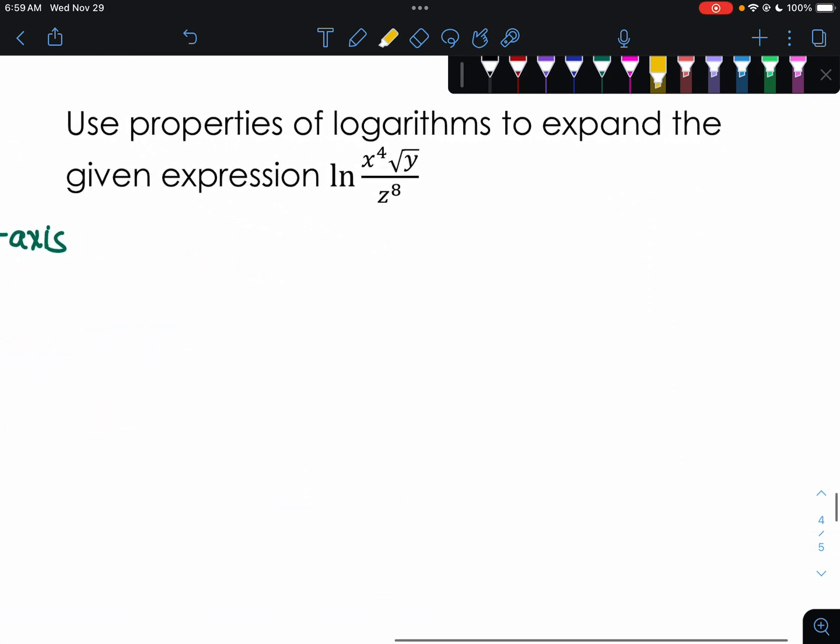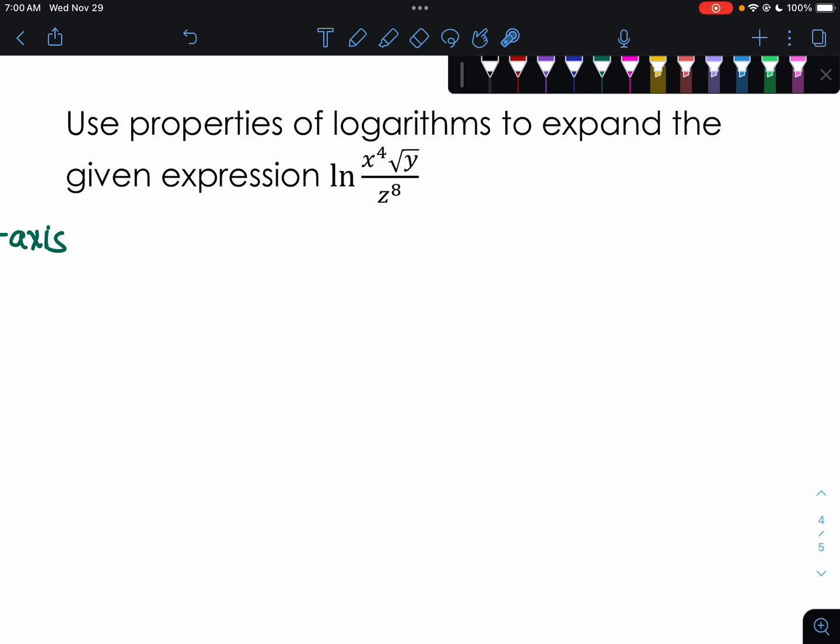This last one is to review our log properties. So our log properties, we want to use the properties of logs to expand the given expression. So first thing we need to remember is that we have 1, 2, 3 variables, which means when we expand it, we should have 3 of the natural log, and that's the one we're using. If it was log or log based on any number, we would have 3 of those, but we're using the natural log.